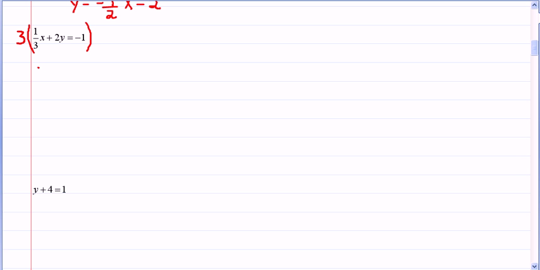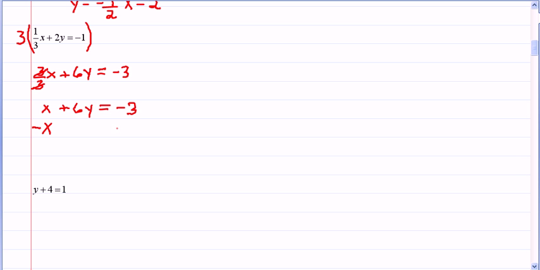And if I multiply all of the terms by 3, I have 3 over 3x plus 6y equals negative 3. 3 over 3 is 1, so I'm left with just x plus 6y equals negative 3. So my goal is to still write this in function notation, and all I've done really was clear the fraction, and now I'm ready to pick up the way we did on the last two examples.